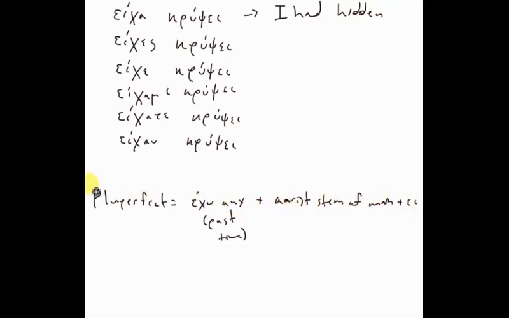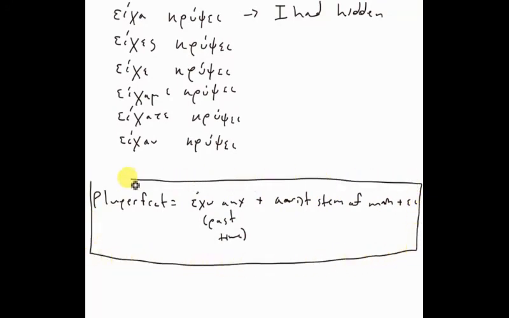So the only thing that's different between the perfect and the pluperfect is the time in which the verb takes place, and the time in which the verb takes place gives us the sequence of tenses, which gives us the ending. And in this case, it alters the stem, because echo, being an ancient verb, has a different stem. It's like a second aorist stem, even though it's not.